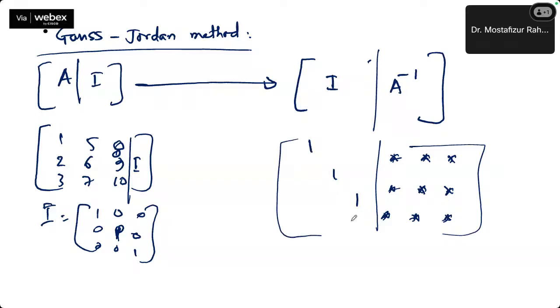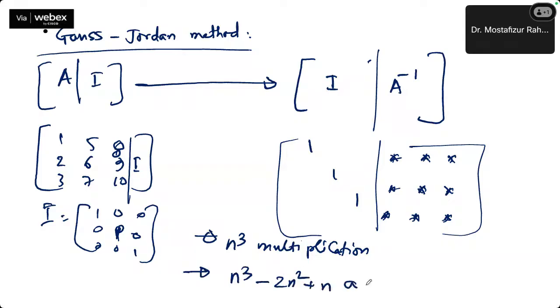So if you do the Gauss-Jordan method, how many operations do we do? We typically do n to the power 3 multiplications and n to the power 3 minus 2n squared plus n additions or subtractions. So altogether order of n cube is the complexity. Somebody is suggesting using the reduced row echelon form.